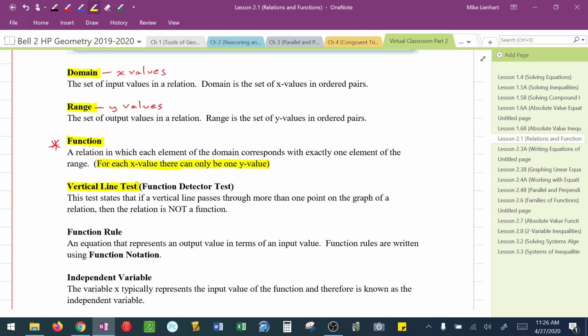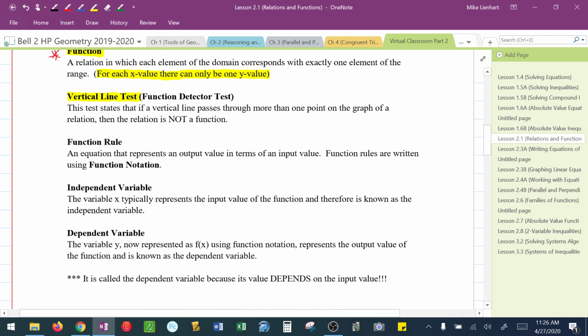If there's more than one y value, it's not a function. Why? Because remember the definition of a function. For each input, there is only one output. For each x, there is only one y.